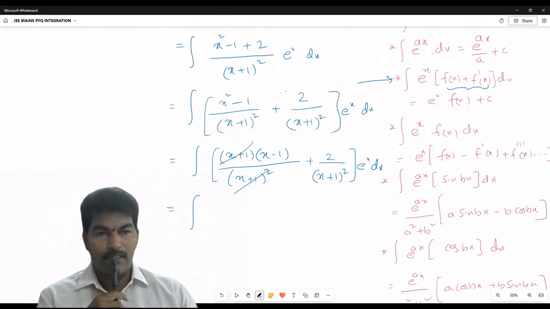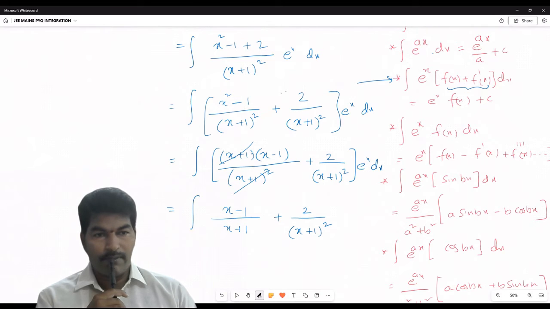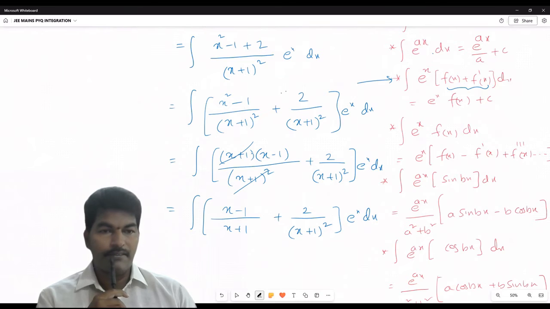So yes, x plus 1, you can cancel it. And x minus 1 by x plus 1 is left in the first term. And in the second term, you can see 2 by (x plus 1) whole square into e power x dx.